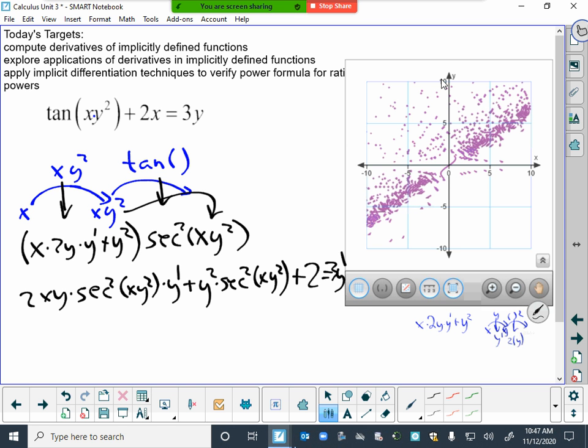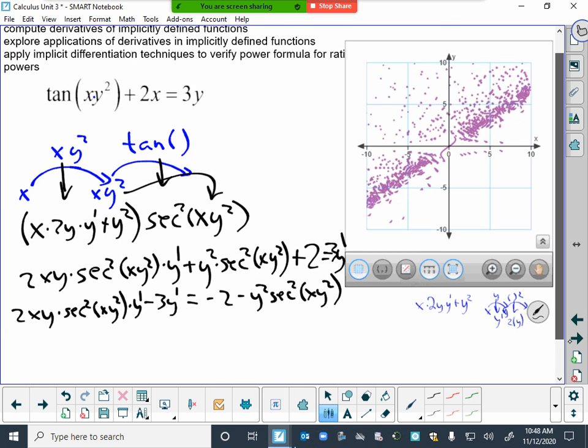Need to get everything with a y prime together on one side. So I'll keep the 2xy times the secant squared of xy squared times y prime. I'll subtract the 3y prime. And on the other side, I'll move my other pieces, which is going to be a -2 and a negative y squared times secant squared of xy squared.